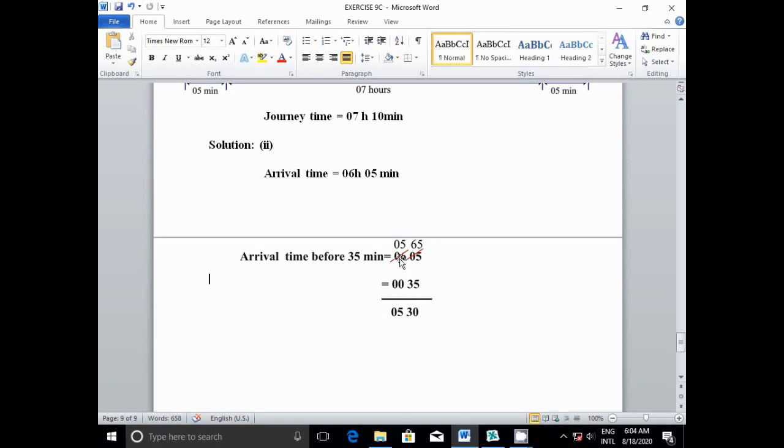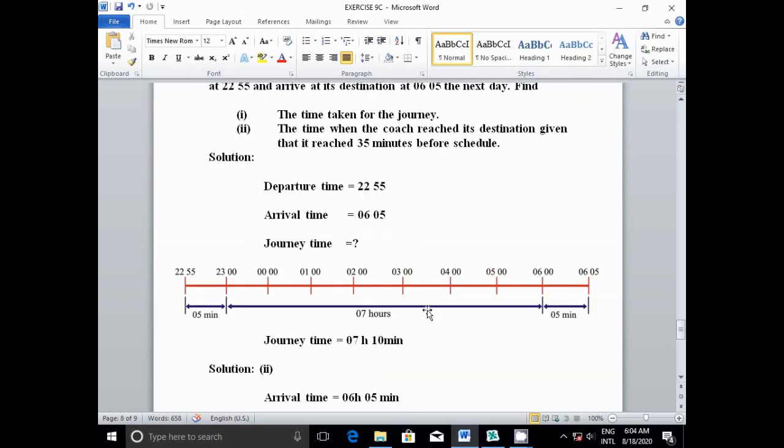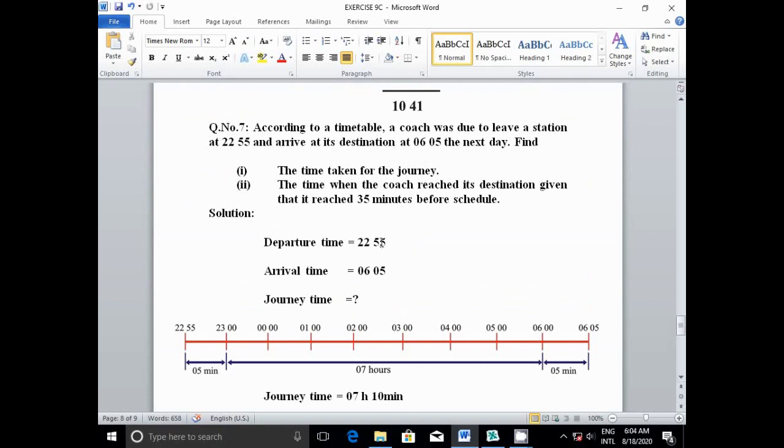Since we have taken 1 hour borrow, then here we have 5 hours left. Now let's subtract 35 from 65. We have 30 minutes left and 5 hours as it is. Which means if the coach reached 35 minutes before schedule, then the arrival time will be 5 hours and 30 minutes.